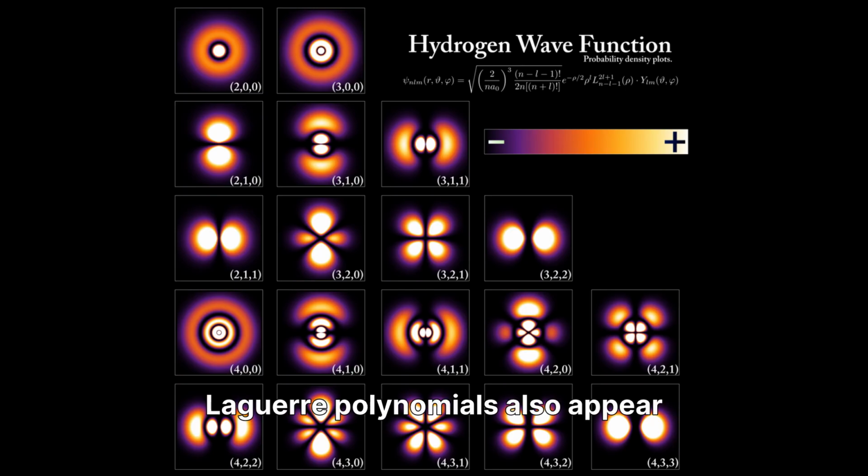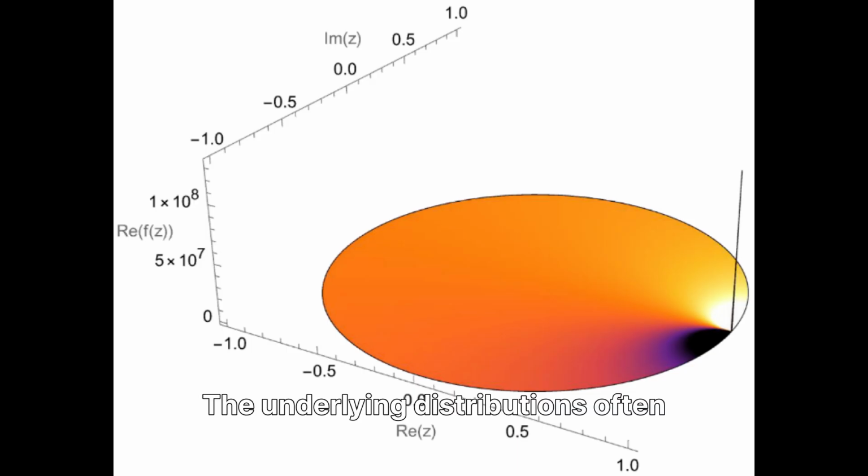Laguerre polynomials also appear naturally in probability, especially in situations involving waiting times, lifetimes, or decay processes. These scenarios involve random events that tend to happen less frequently as time goes on. The underlying distributions often have an exponential shape, and Laguerre polynomials provide structured corrections that help model real-world irregularities.